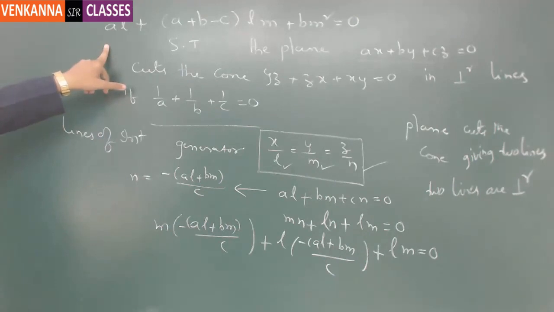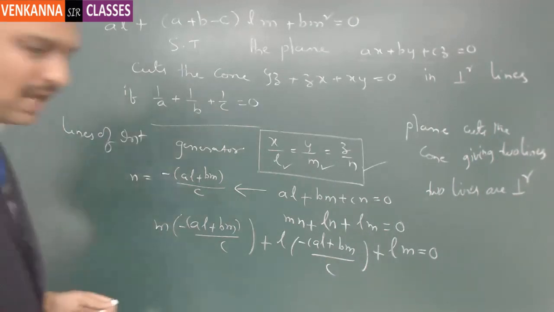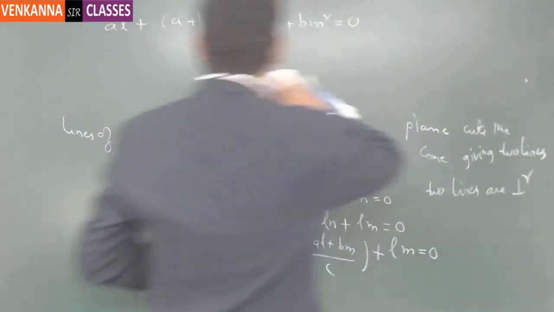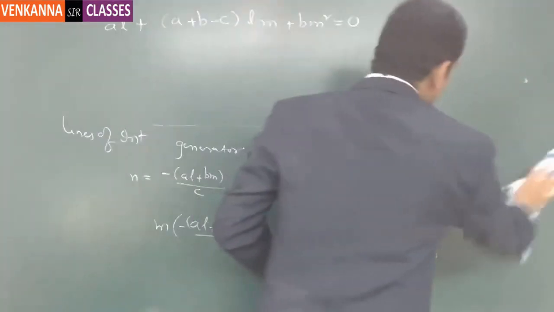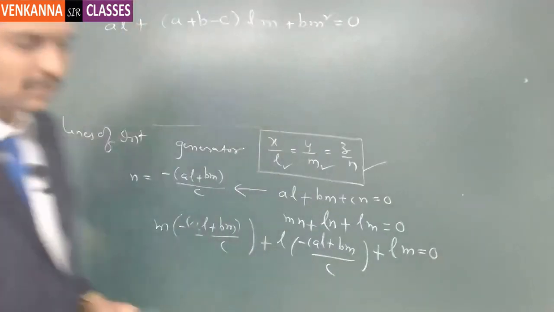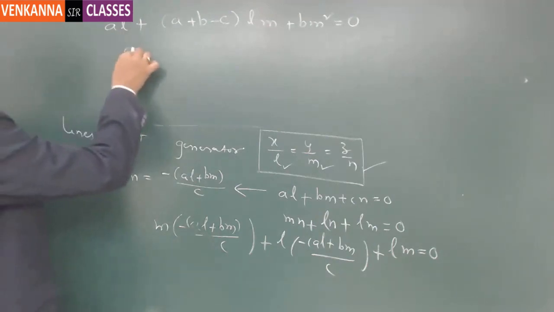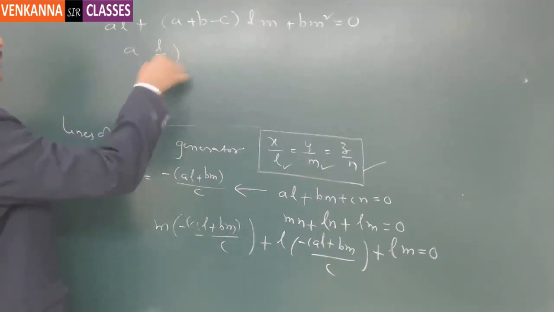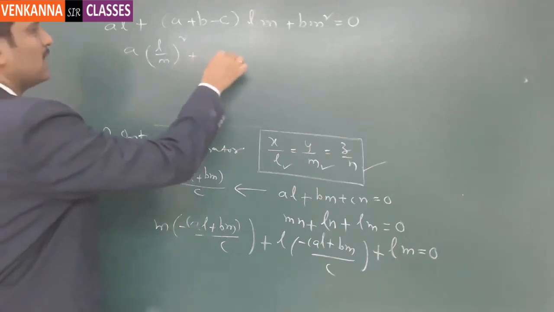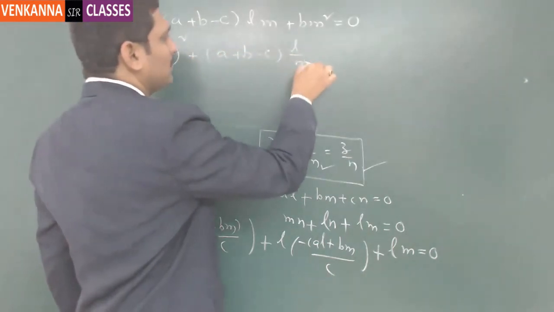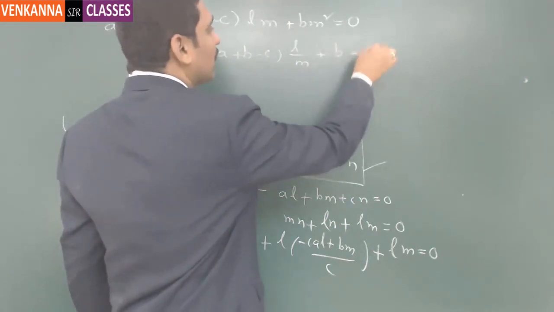Now what happens? Since I want to prove a condition here, I am going to make it quadratic. So dividing by m², we will have a(l/m)² + (a + b - c)(l/m) + b = 0.